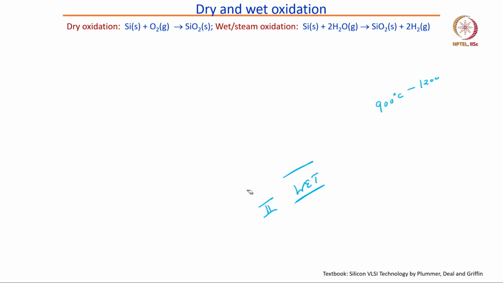You can see on the slide the equation for dry oxidation, that is when silicon, which is a solid wafer, reacts with oxygen, it forms silicon dioxide. In wet oxidation, what we see is that when silicon reacts with water vapor, it forms silicon dioxide plus 2H2, right.